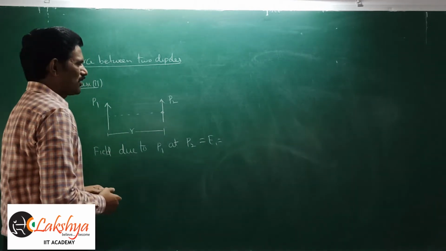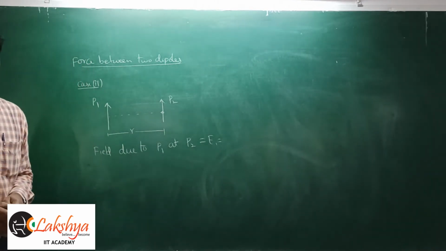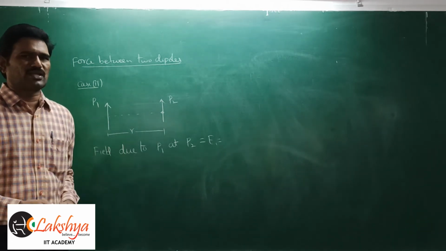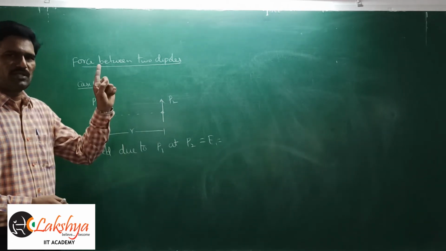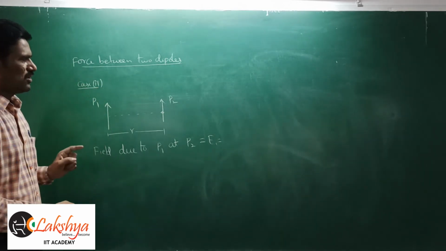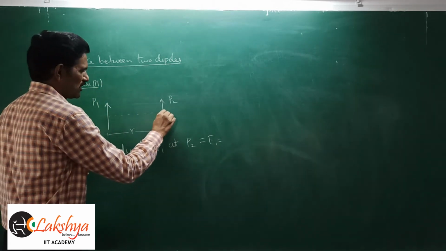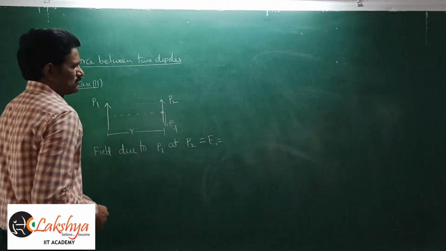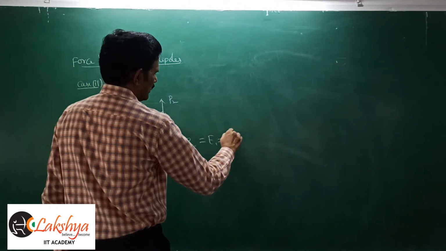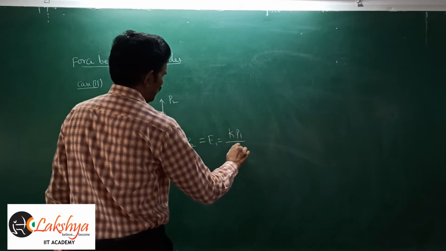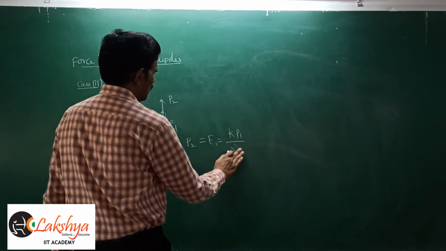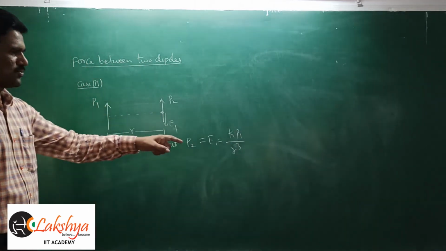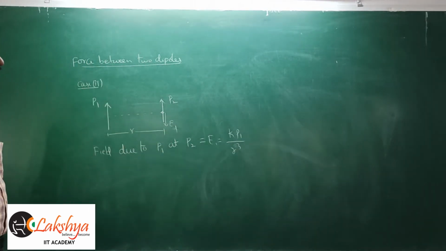On the equatorial line, the direction of the electric field due to the dipole is, as we discussed already, opposite to the direction of the dipole moment. So here the dipole moment is in upward direction, and on the equatorial line the field will be in downward direction. So here the field is like this. So the magnitude of E1 we can write as kp1 by r cube.